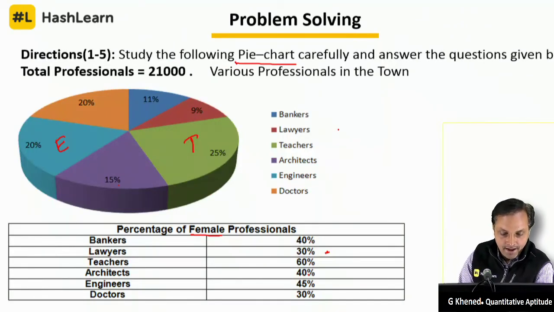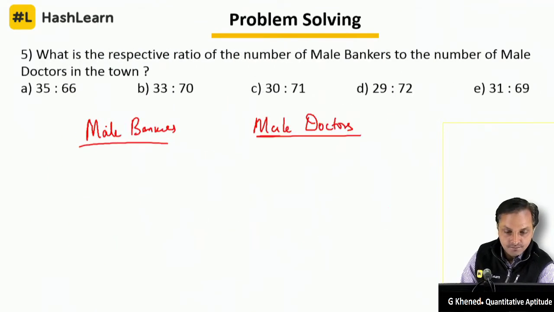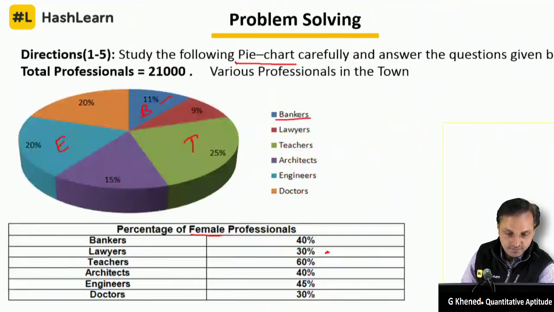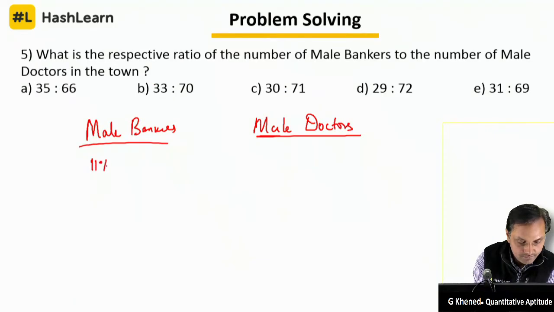Male bankers. So bankers are 11% and they are asking male. So male bankers, 11% into 60%.